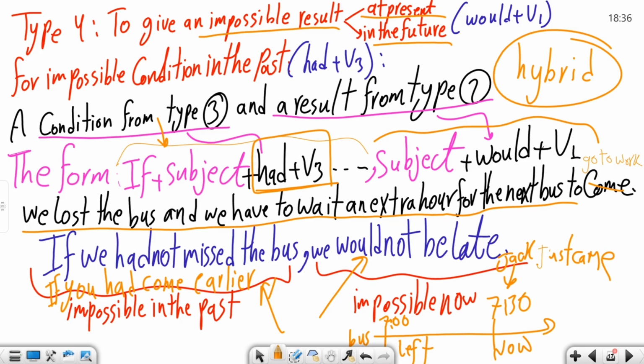If we hadn't missed the bus, but we missed the bus in the past, we would not be late, but we are late now. So, impossible condition in the past for impossible result now.